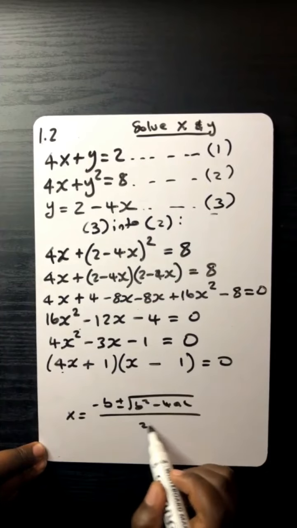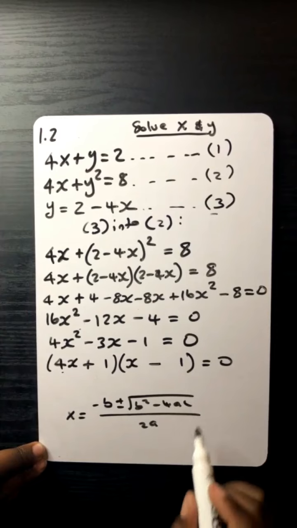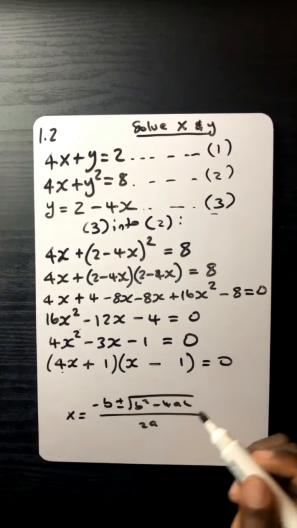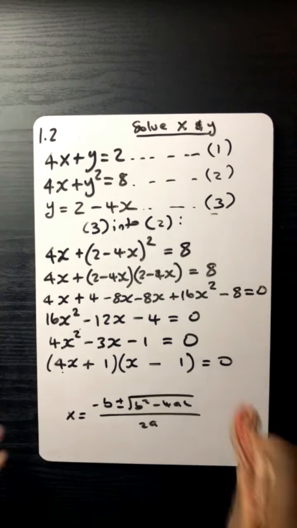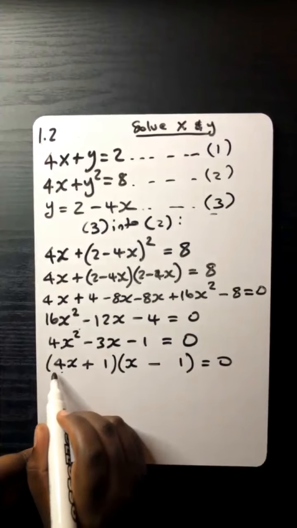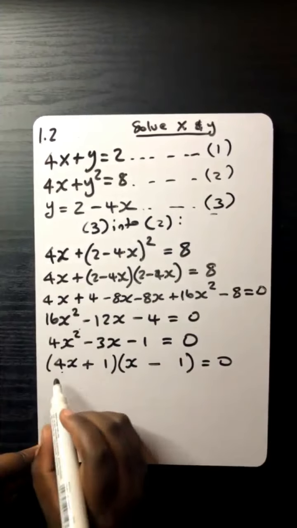In that way, you are going to get the correct x values, which will enable you to get some additional marks. Because remember, this is not the end of that problem. Ladies and gentlemen, obviously we know this is equated to 0.